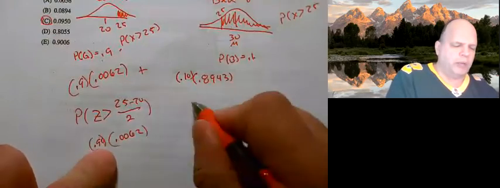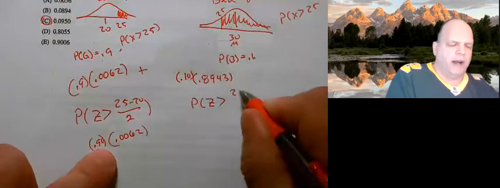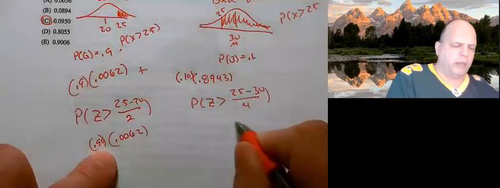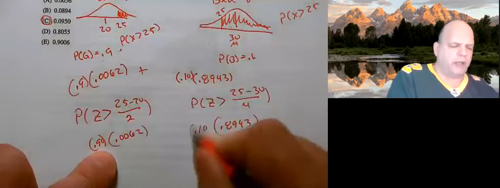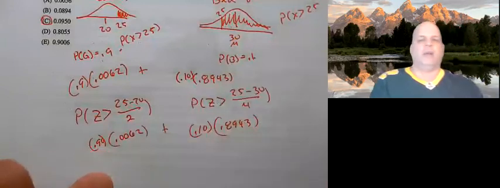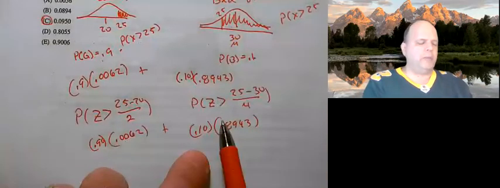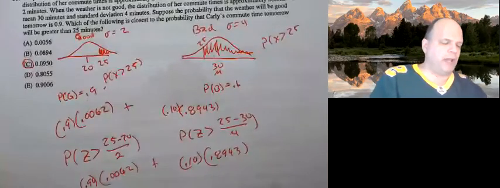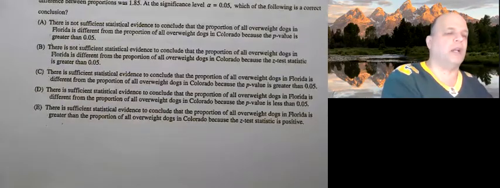Over here, I did the probability that Z was greater than 25 minus 30 over 4, and I got a probability of 0.8943. There's only a 10% chance I'm going to get stuck with that. Okay, and it's either going to be good weather or it's going to be bad weather, so I can add them directly. Okay, so that's how that problem is done. That was definitely a more challenging issue.